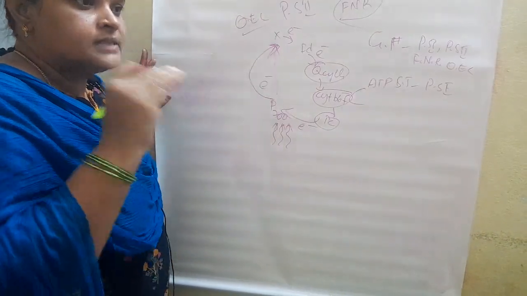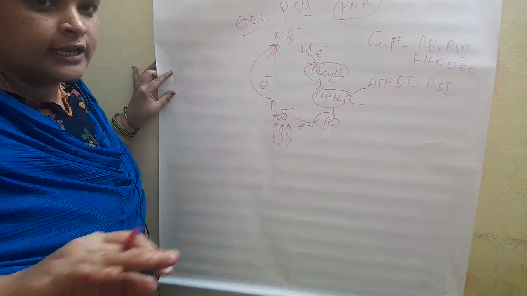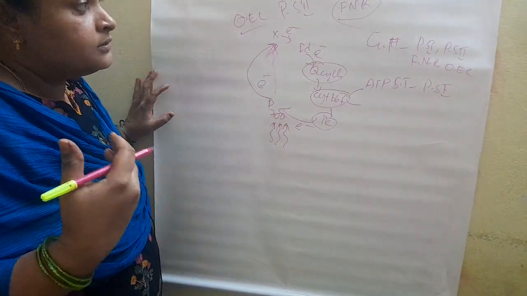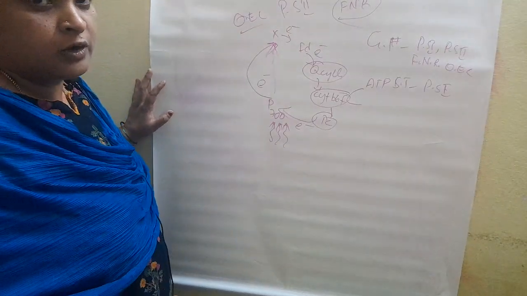Okay, right? So this is cyclic electron transport. Cyclic electron transport is seen in stroma thylakoid. It is associated with the formation of only ATP, not NADPH2, and here there is no splitting of water molecule, and there is no enzyme which can reduce NADP plus.